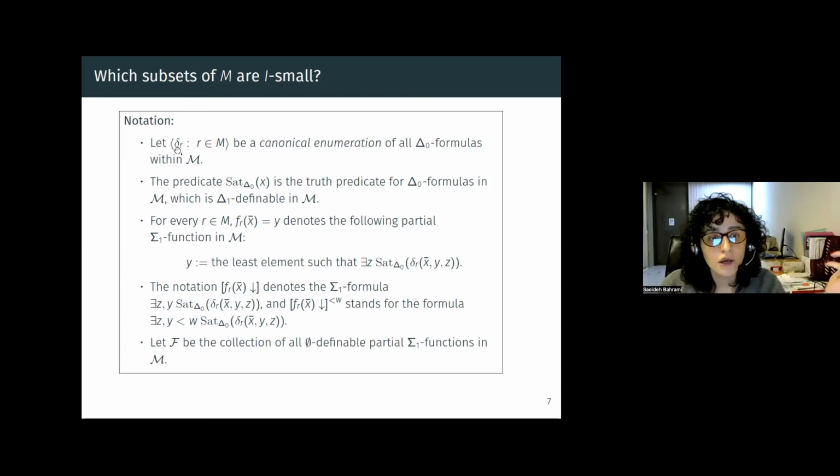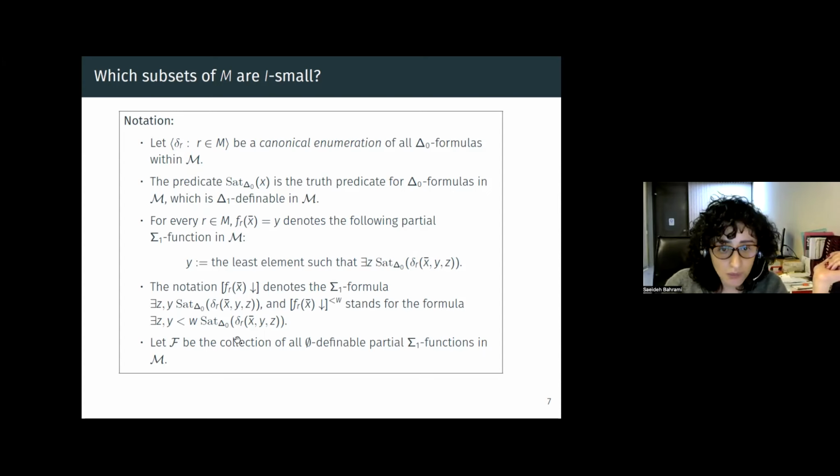I mean that whenever one of these delta zero formulas is standard, the Gödel number of this delta R is equal to the index of this R. We can do this in a model of I sigma 1, and fortunately we have the satisfaction predicate, the truth predicate for delta zero formulas, and this is delta 1 definable.